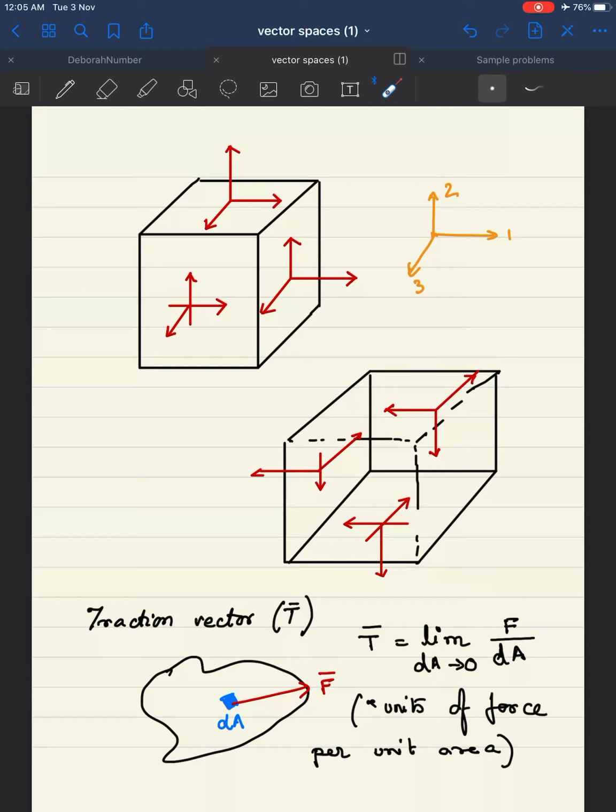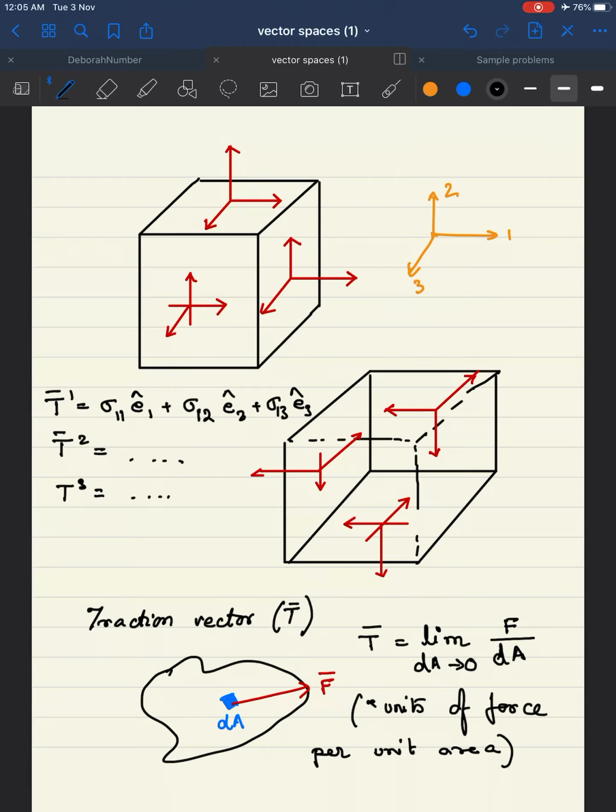Now on this particular face which is pointing along 1, you have some net traction vector, and this traction vector is going to be given by this quantity, sigma 1 to E2 hat, and similarly for the other ones. I'm not going to write all of them. You have similar equations, and these are all vectors.